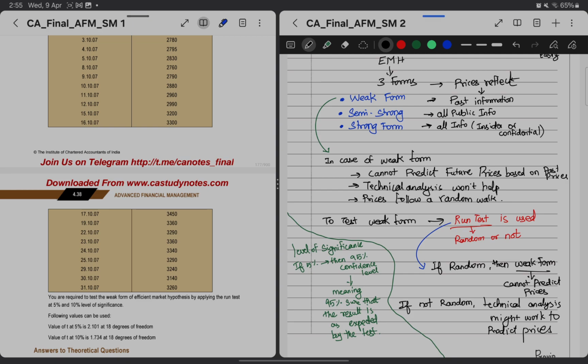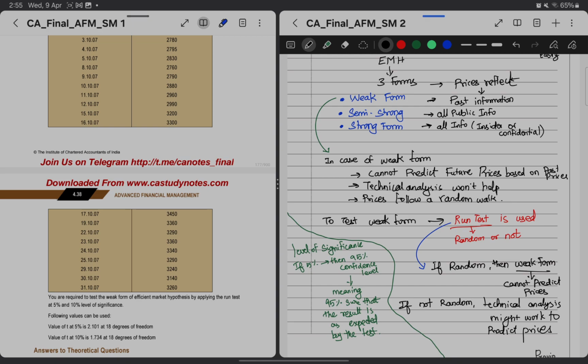Now the next thing is, what is this level of significance? The level of significance is based on the Z score or T score, which is again a statistical analysis. We might have seen Z score in our first chapter, where the standard deviation and the difference from the mean signify the Z score table. The level of significance is opposite to the confidence level.